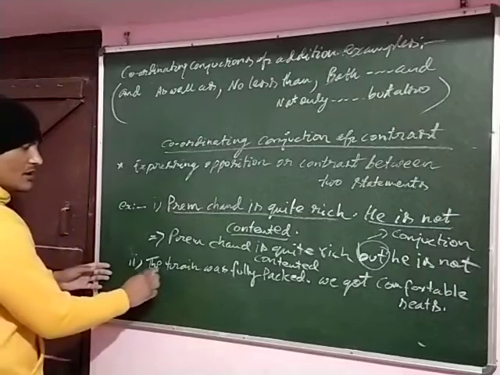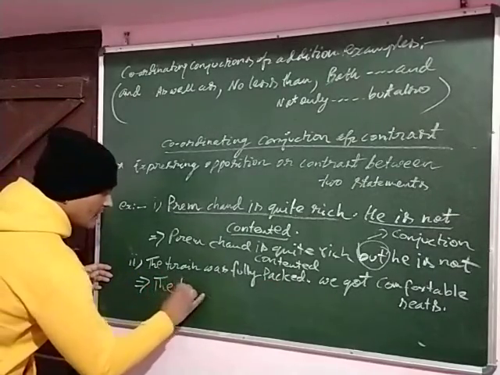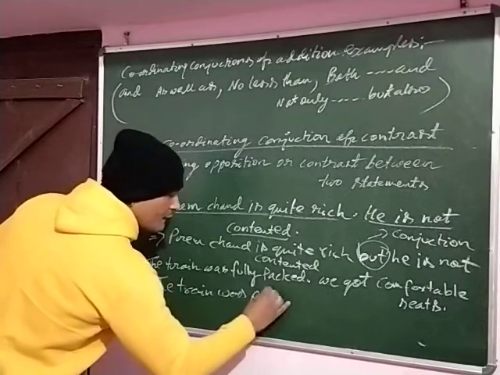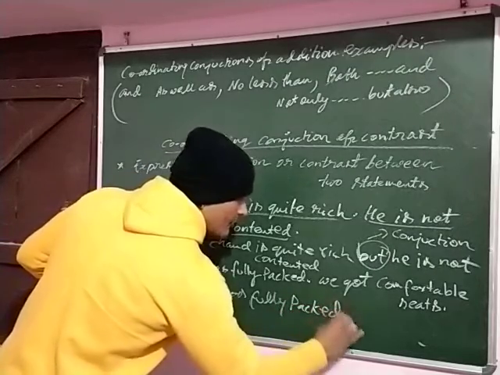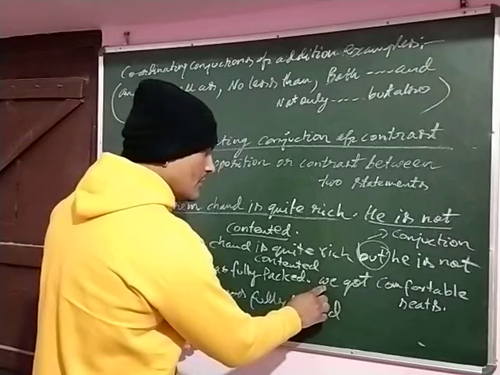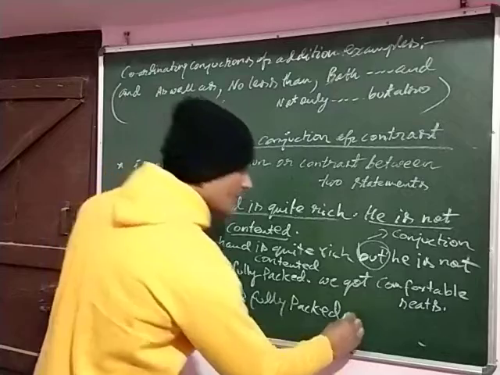Now have a look at the second example. The train was fully packed. Write down as it is. The train was fully packed. We got a comfortable seat.